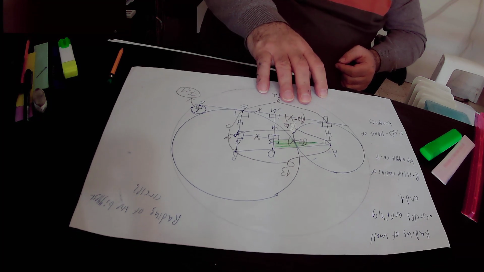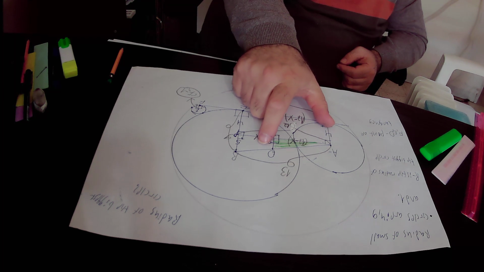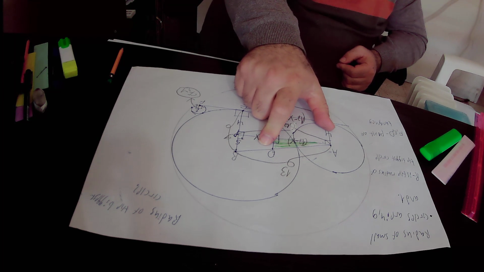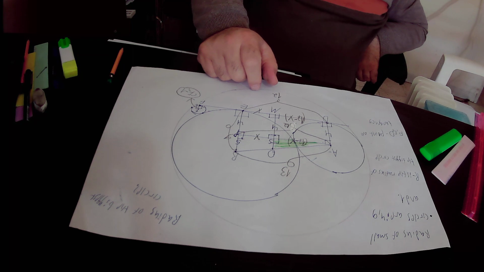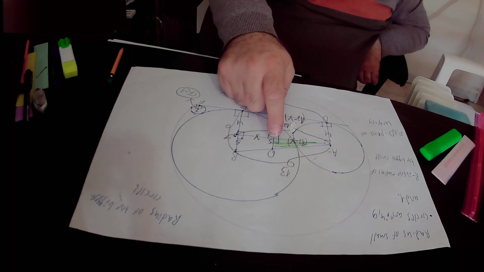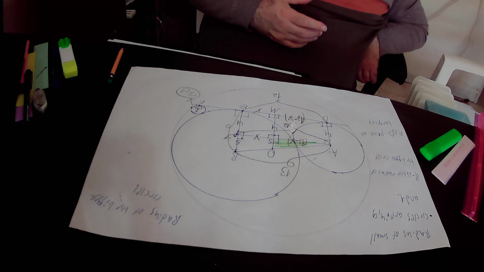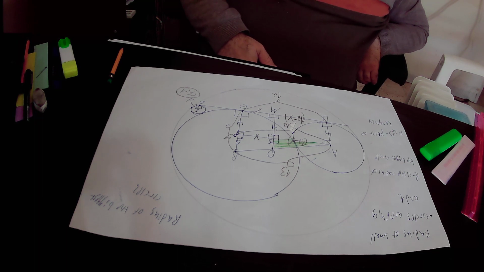the distance between their centers, that is to say AO, will be equal to the difference between the lengths of the radii. The radius of this circle is equal to 4 units, the radius of the biggest circle is equal to capital R, and the difference between the radii will be equal to capital R minus 4.